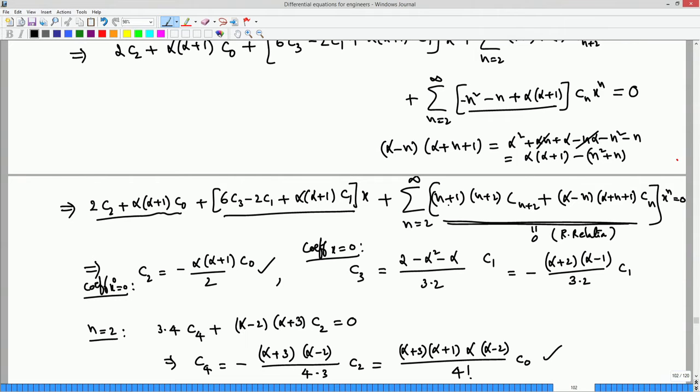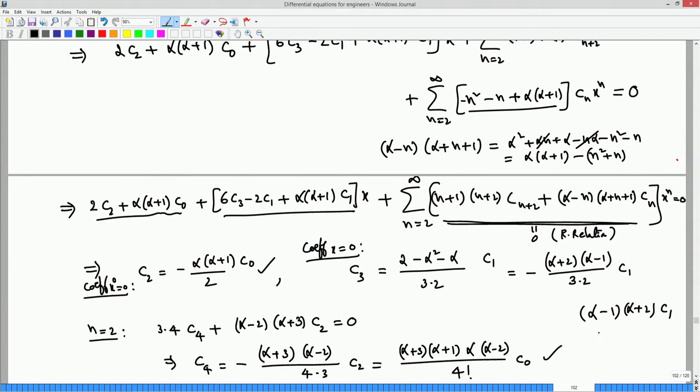If I put n equal to 1, it is actually 2 into 3 C3 minus, okay, that is what you have, C3, and then you have here alpha into alpha plus 1, and for n equal to 1, alpha minus 1 into alpha plus 2 into C1.